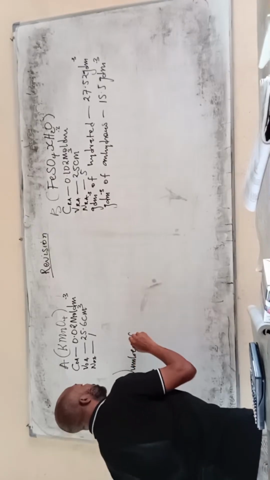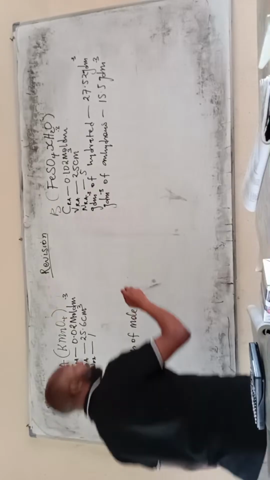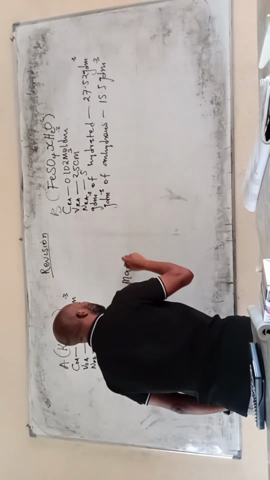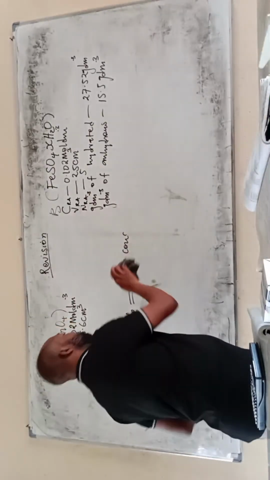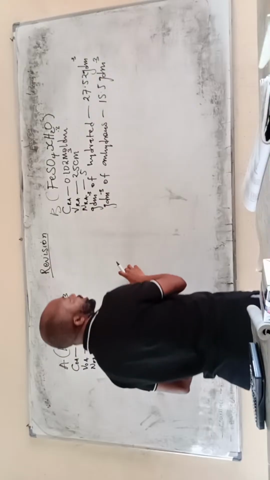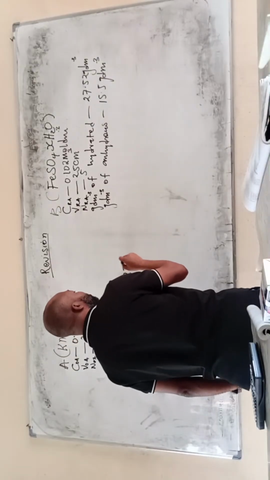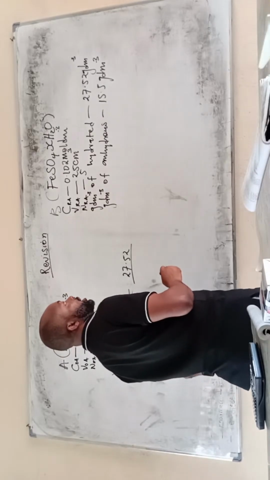The number of moles of water of crystallization: we have mass concentration of hydrated, 27.52, over relative molecular mass of hydrated.